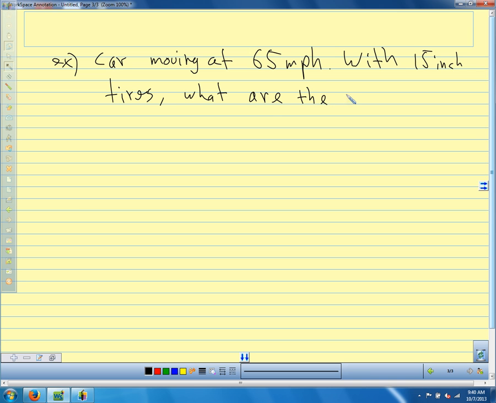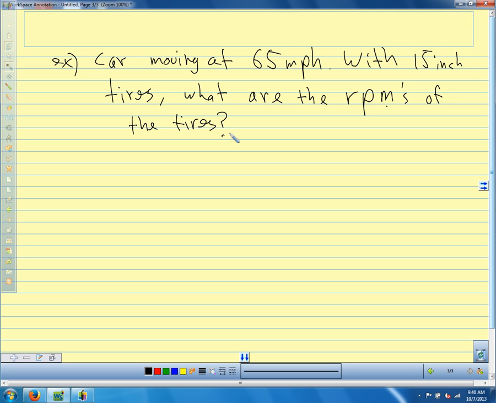We want to know the RPMs, revolutions per minute, of the tires. So our car is traveling at 65 miles an hour, got 15-inch tires. We want to know what are the revolutions per minute of the tires.